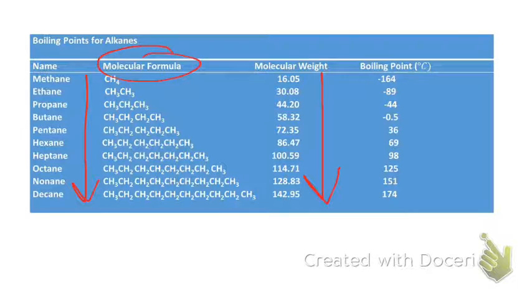And as we should be able to predict, the boiling points of these molecules are going up as the molecular weight is going up, again due to the number of dispersion forces. Methane has a lot fewer dispersion forces than decane does. Hopefully you get this idea.